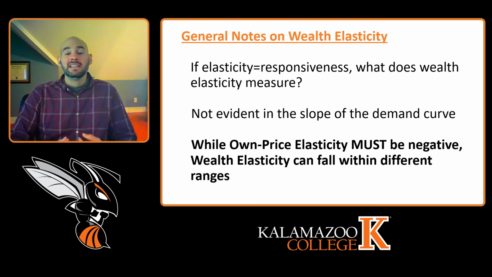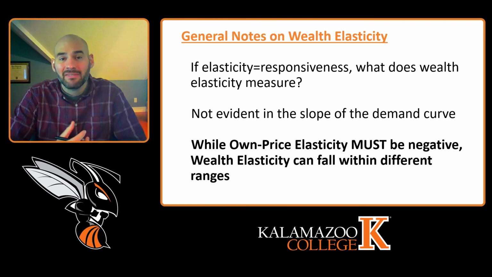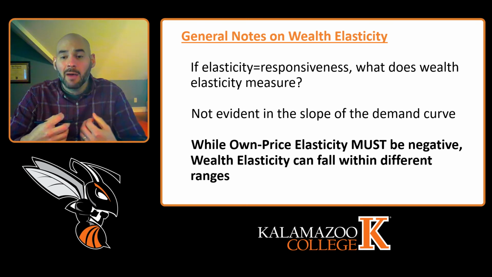So if there is a positive relationship between wealth elasticity and the quantity demanded of a good, then we think of that as a normal good, meaning that this is really what most goods are, that if you become more wealthy, you are going to increase proportionally or more than proportionally your consumption of a particular good or service.